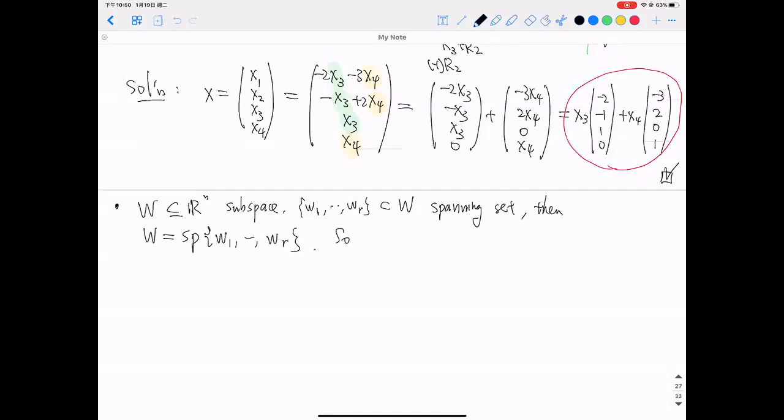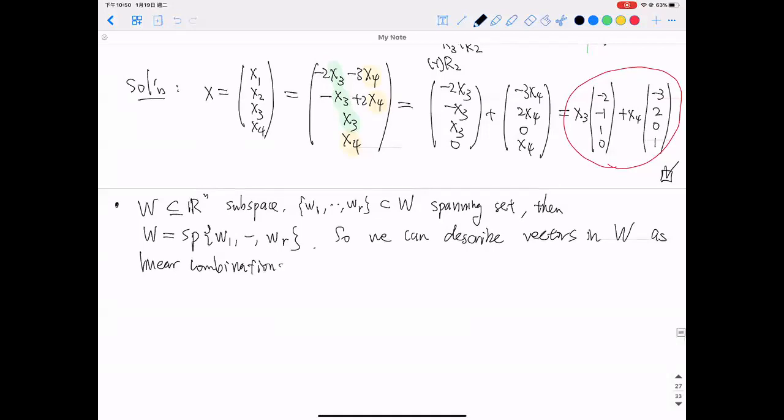What this does for us is that we can describe vectors in W as linear combinations of W1 through WR.